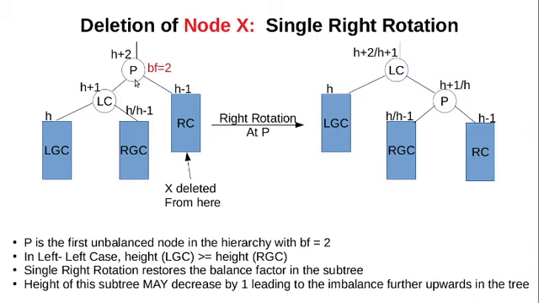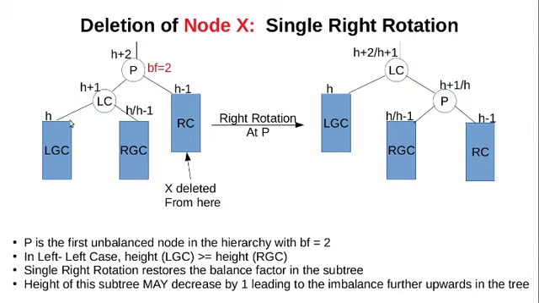Further, assume that the left child of P, that is LC, is left heavy. That is, height of LGC is greater than or equal to the height of RGC. As the height of LC is h plus 1, the height of LGC is required to be h.